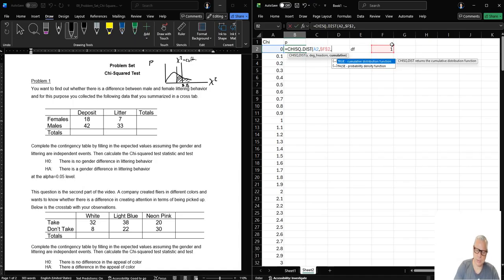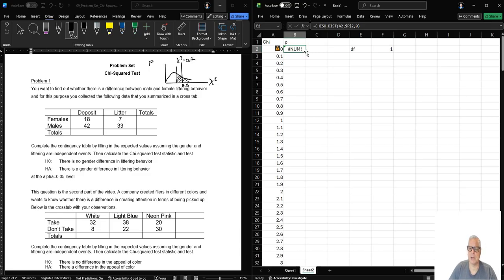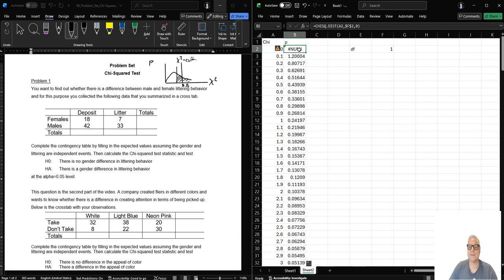And now I don't want it cumulatively. I don't want the area, I want the actual probability value on the y-axis, but not the integral. I don't want the area under the curve. So for 0 there is no chi-squared, so we make that an NA for the 0.